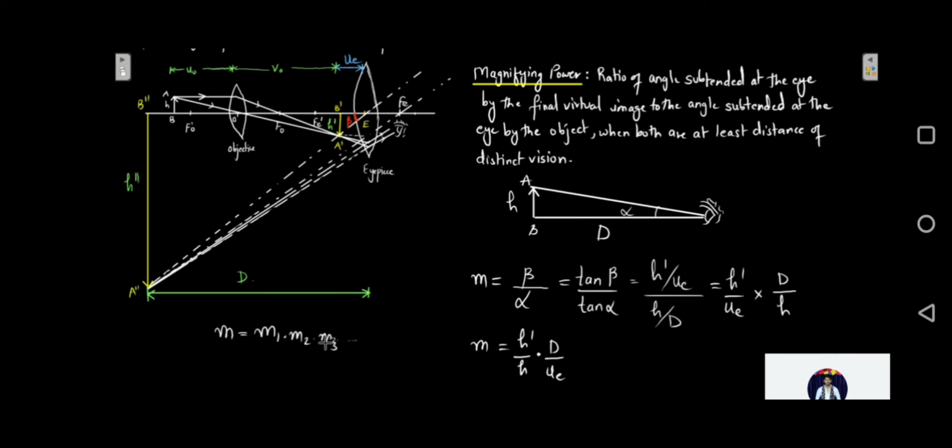So from that logic, the total magnification is going to be the magnification of the first lens, that is the objective, multiplied by the magnification of the eyepiece. We are going to multiply the individual magnifications over here. So let us find out the magnification of each lens.